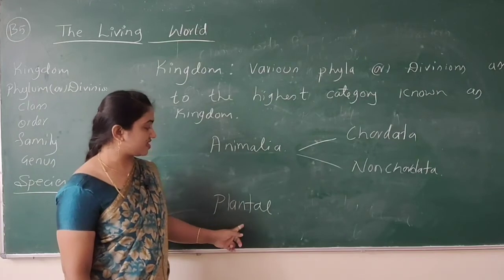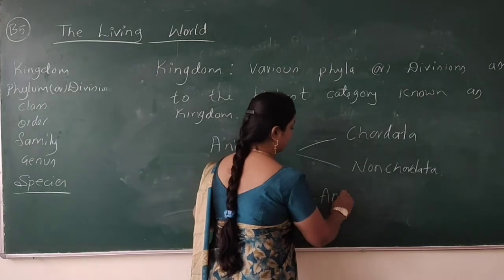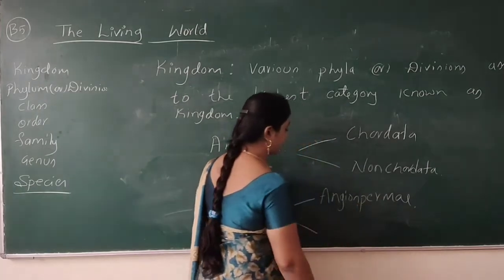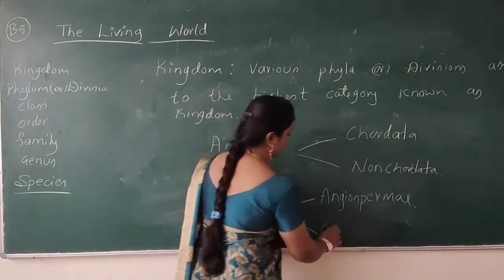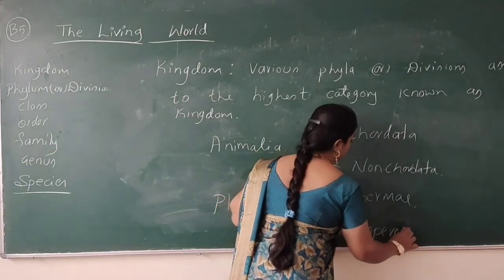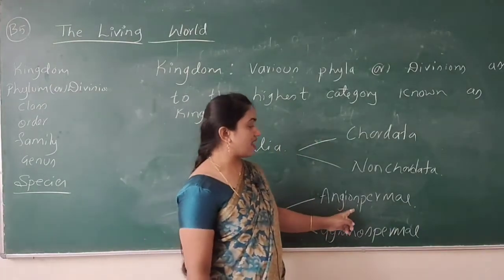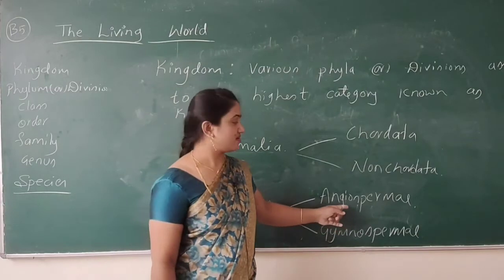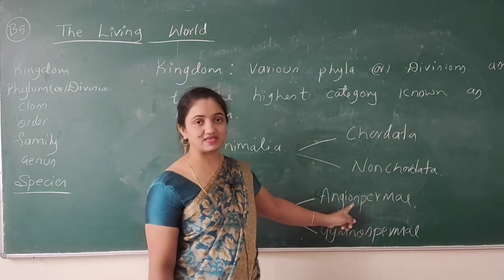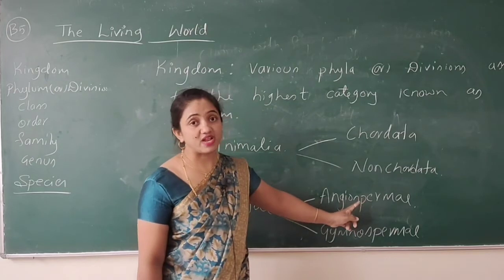Here also we can write, like earlier we gave one example, angiospermy. One more phylum example is gymnospermy. Both have different characters. The cotyledons are different. In angiospermy the ovule is covered by the ovarian wall and they produce flowers.